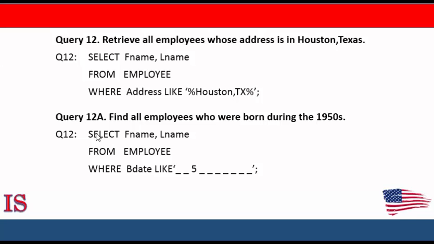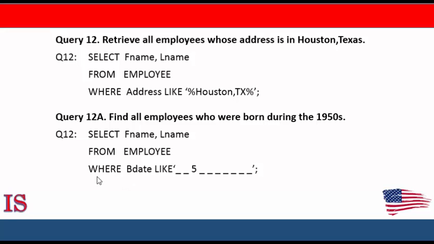The second example: find all employees who were born in the 1950s. Now we select the first name and last name again from employee, where bdate, which is a date, so we can assume it's a date data type. And in MySQL and in standard SQL, a date data type is structured year, a divider like the slash, month, divider like the slash, and day with 2 digits.